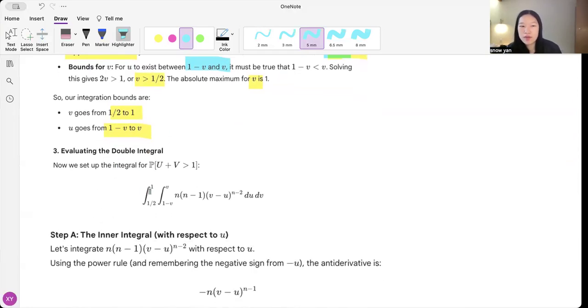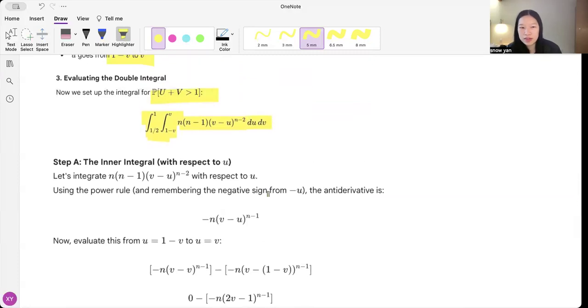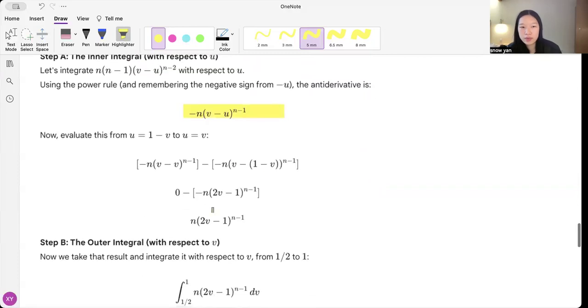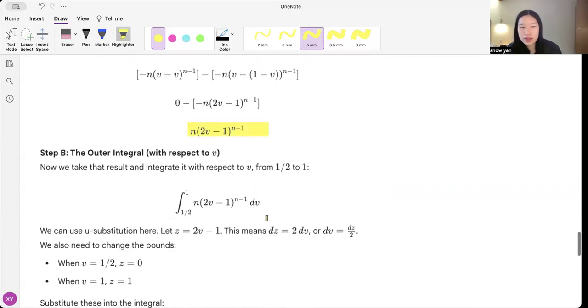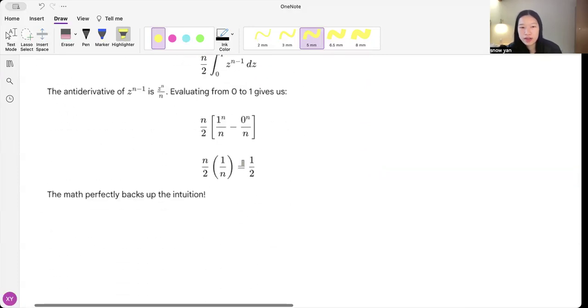Then you just evaluate the integral. The probability is the double integral over the bounds we just found of the PDF we found earlier, du dv. You evaluate this integral with the power rule and antiderivative, which is pretty straightforward. You get to this point, then take the outer integral, substitute, evaluate it, and we still get one half, as we expect.